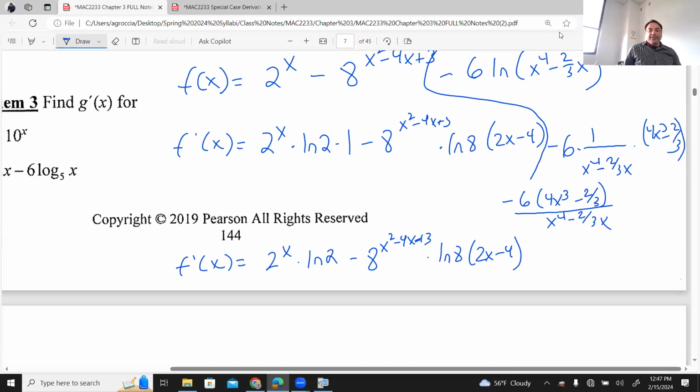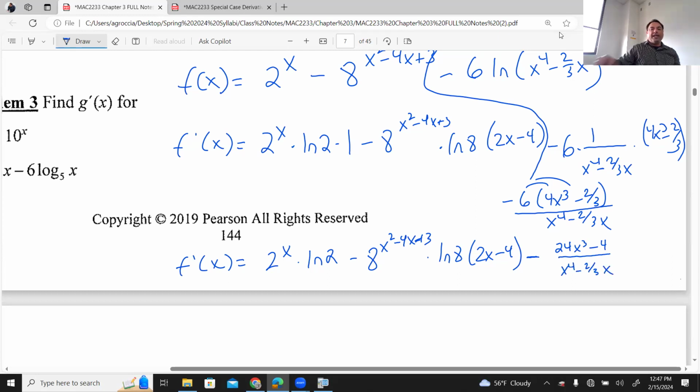Now, yes, you can leave it like that, or we can distribute it, right? We do have to figure out what we're going to do with that minus. If we leave the minus, then it's a minus. We don't have to worry about the minus anymore. Okay. Then if I distribute the 6, that would be 24x to the third minus 12 over 3, which is 4, over x to the 4 minus 2/3 x.